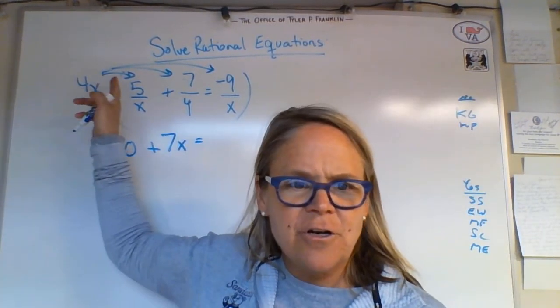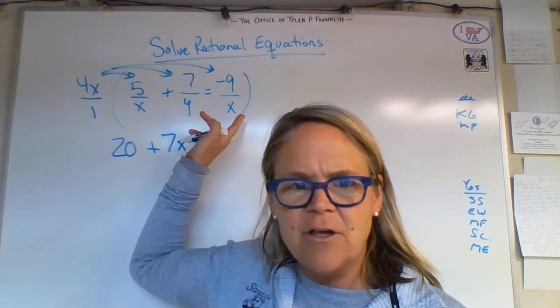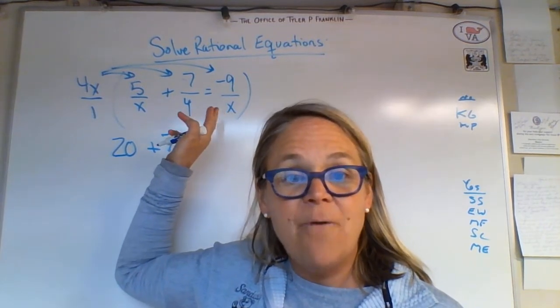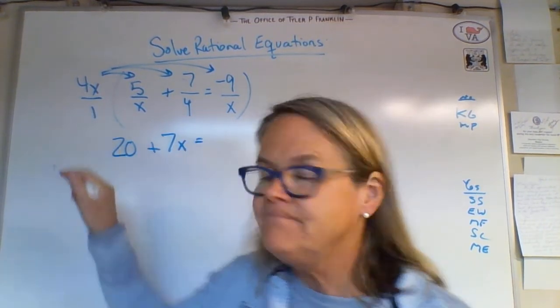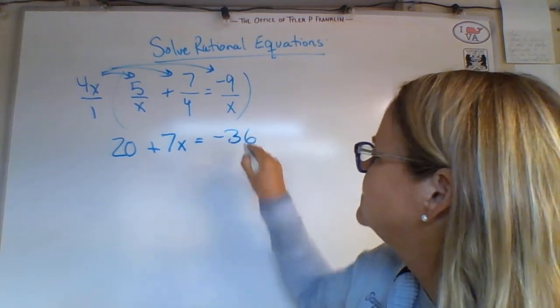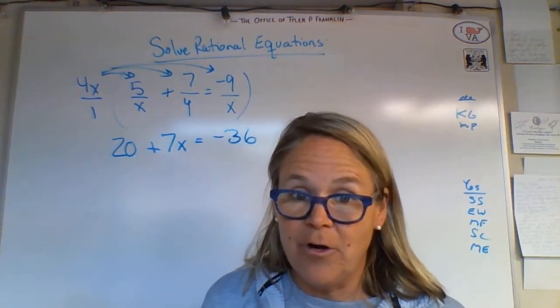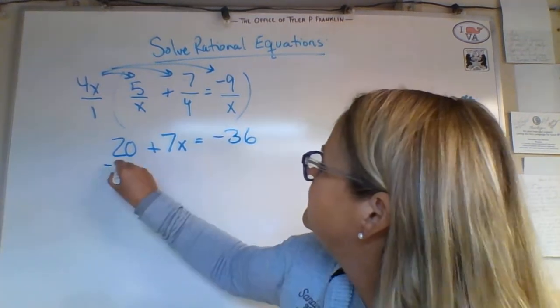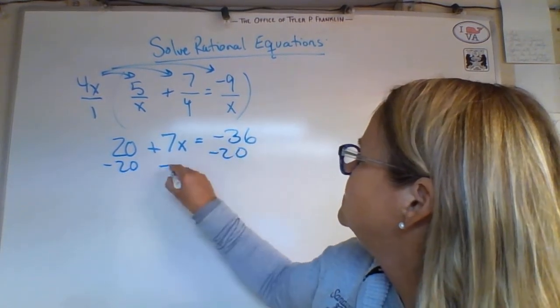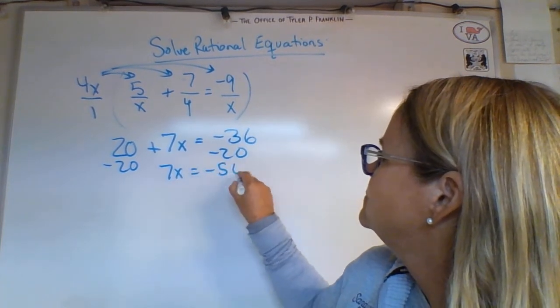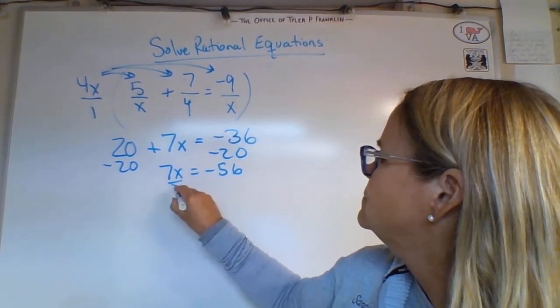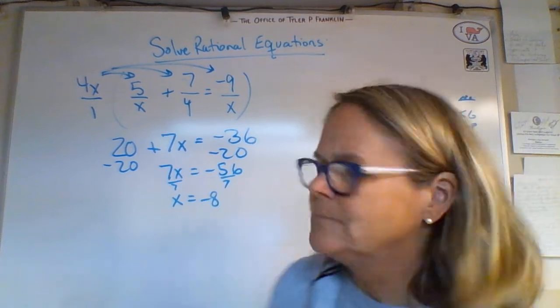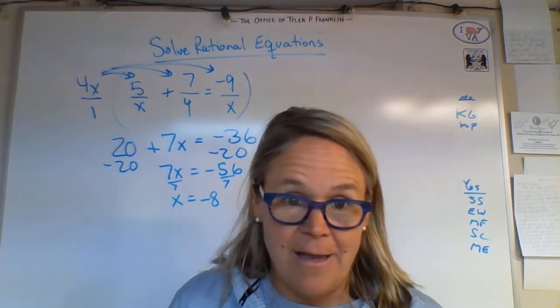And then the third term, x on the top crosses off x on the bottom. You have 4 times -9. Now solve your problem. Subtract 20, divide by 7. You have x equals -8.